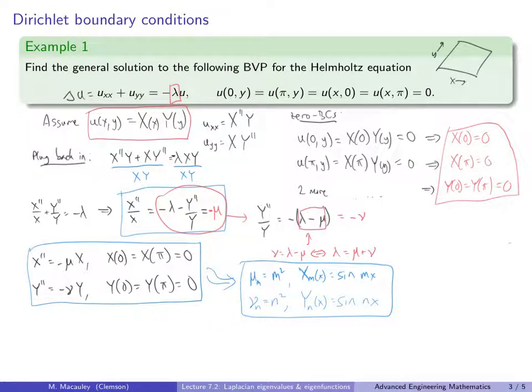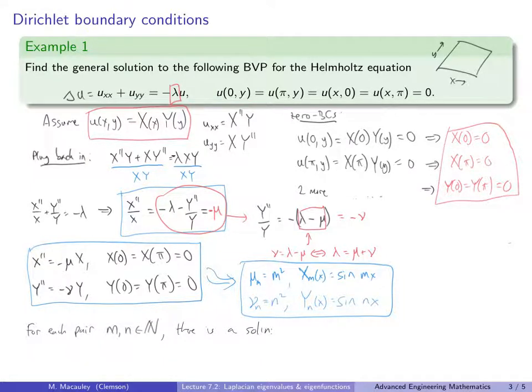So for every integer m, we have a solution X m of x, and for every integer n, we have a solution like this. So I'm going to write it like this. For each pair m and n in the natural numbers, so I mean 1, 2, 3, positive integers, there is a solution.